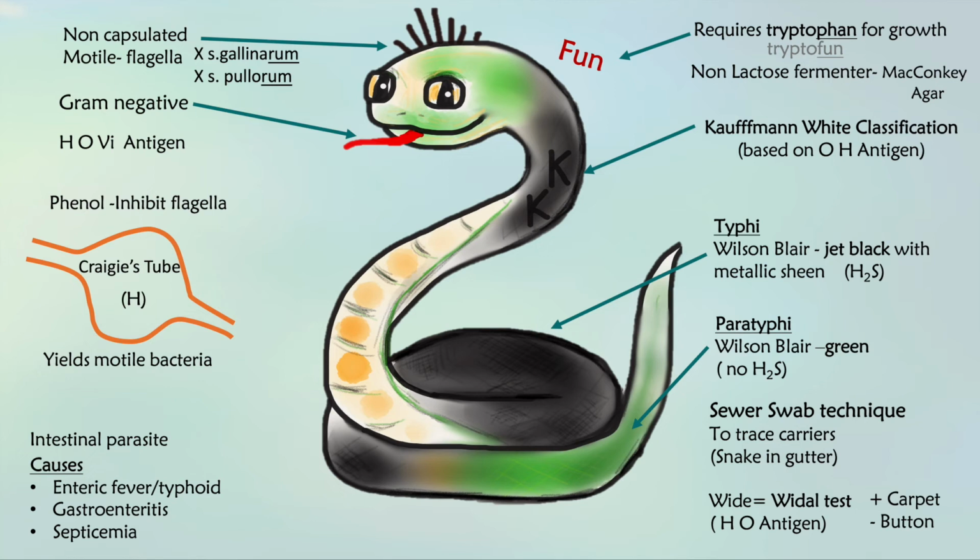Salmonella is an intestinal parasite and causes enteric fever, also called typhoid, gastroenteritis and septicemia. In typhoid, we see stepladder fever, which you can see on the front of his body. There are steps here.